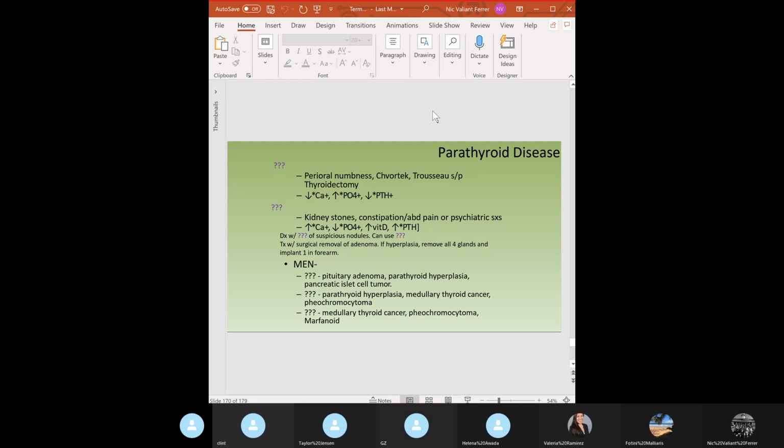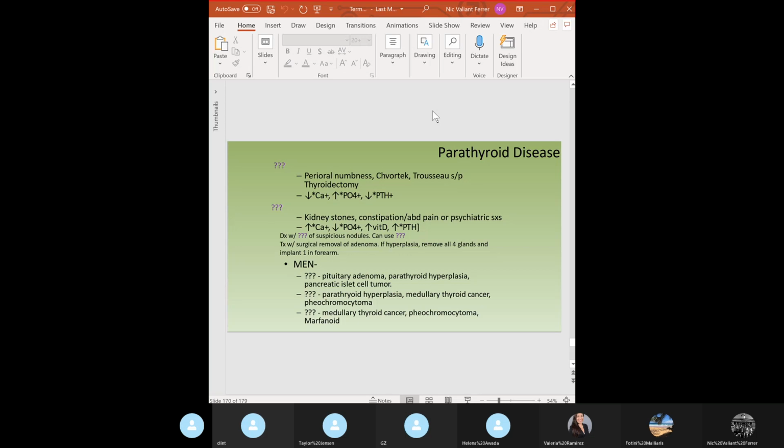We can see subperiosteal bone resorption. That's it. I don't know if you talk about familial hypocalciuric hypercalcemia. That's not high yield. Carcinoma. I don't think so.